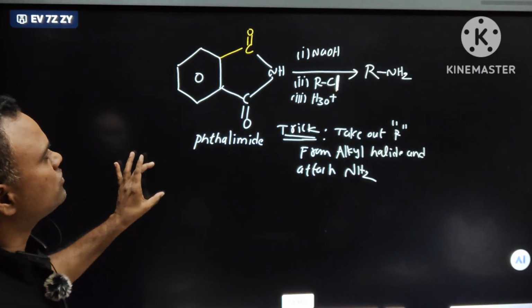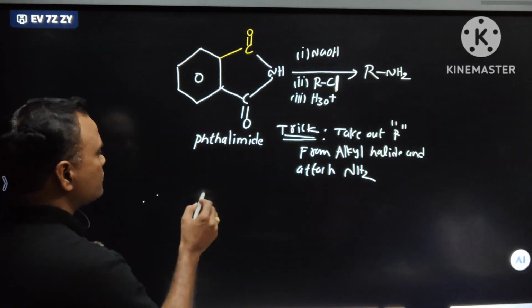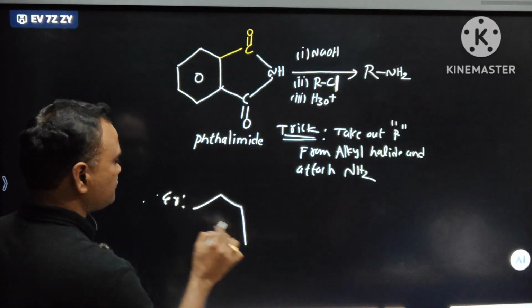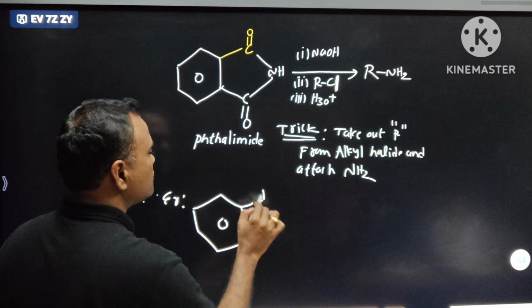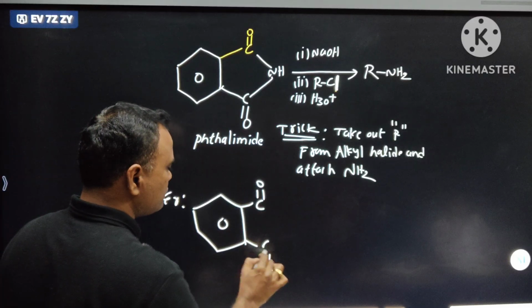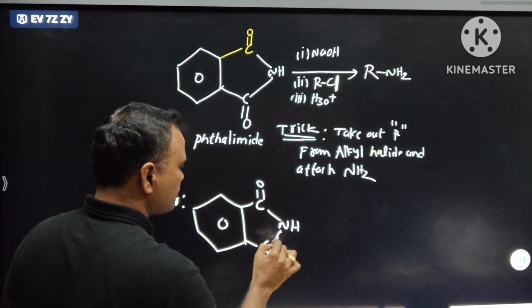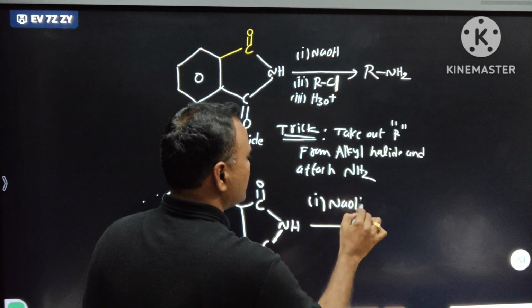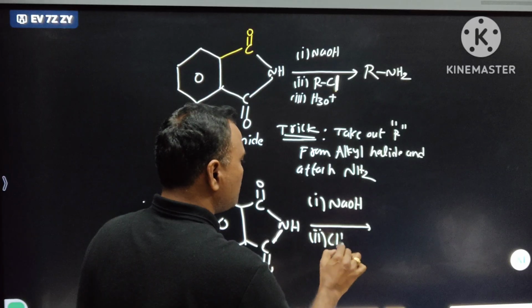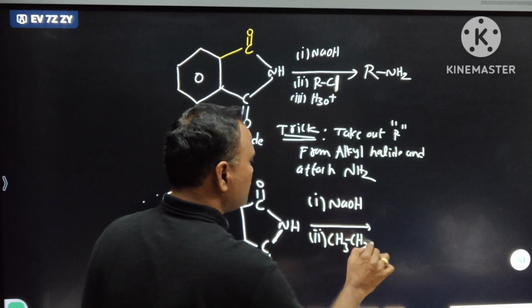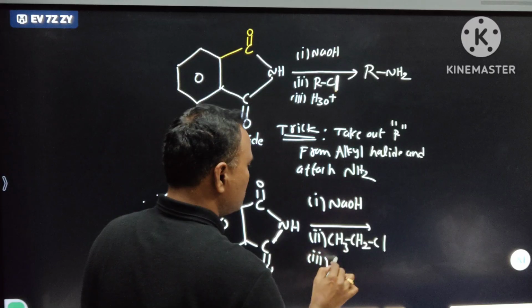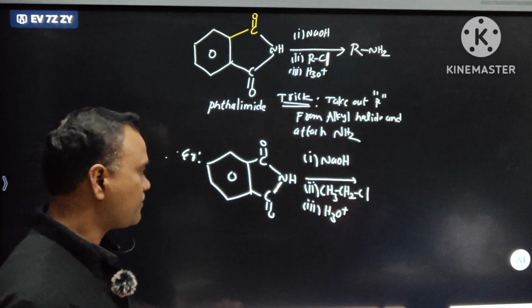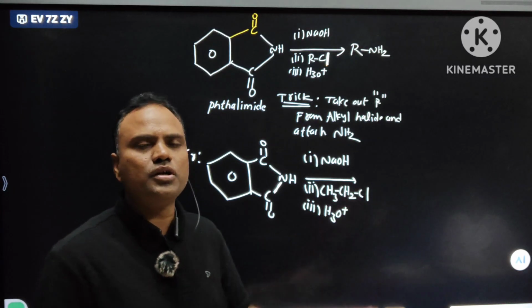I am giving one example. C double bond O, C double bond O, NH. What is the first reagent? Sodium hydroxide. I am taking ethyl chloride, followed by hydrolysis. Tell me what the trick is, online students. Say the product.